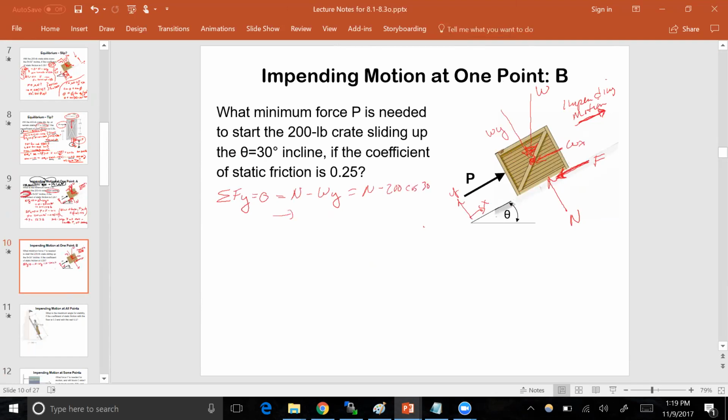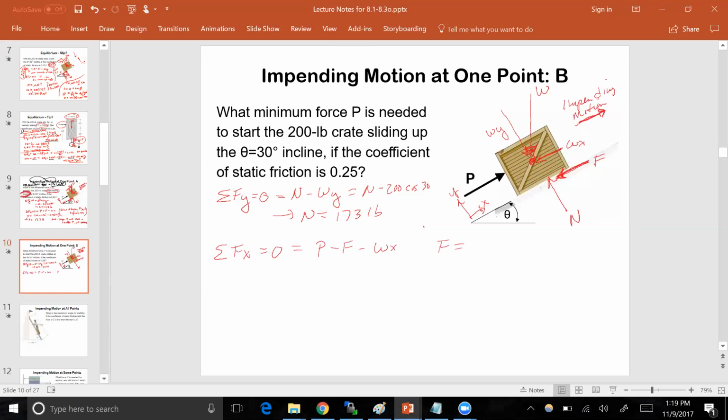So once again, N, the normal force hasn't changed. It's still 173 pounds. But now our equation for the X components is a little bit different because the friction force is pointing in the opposite direction. It's pointing in the minus direction. So that's P minus F minus W sub X.